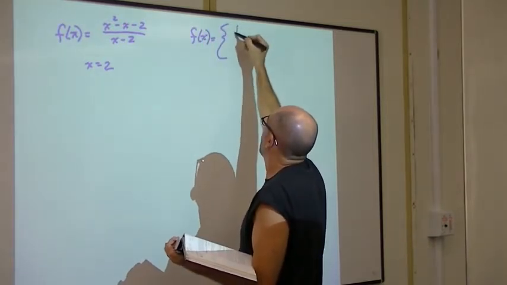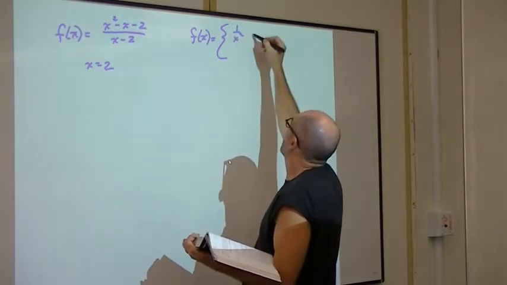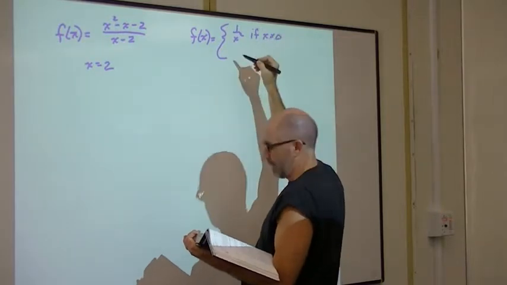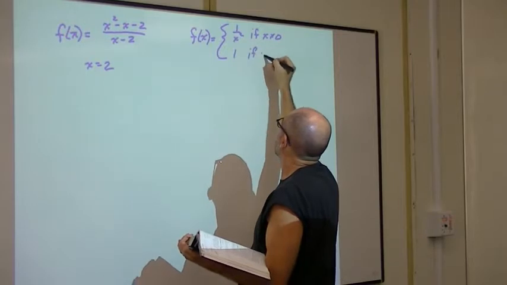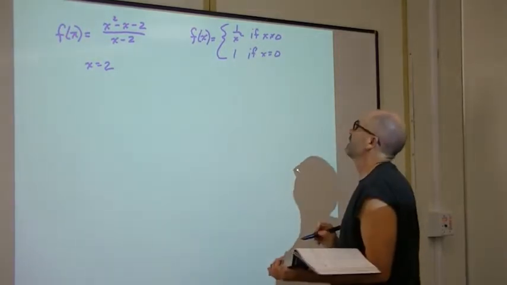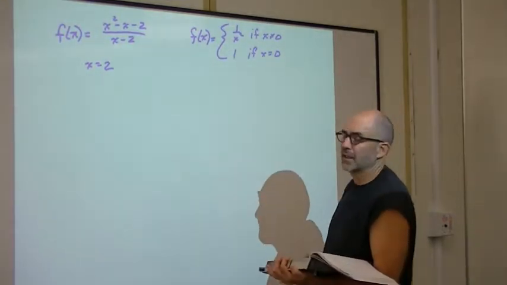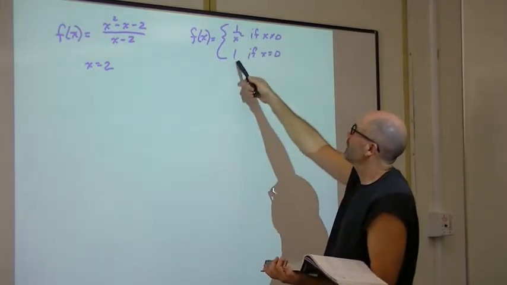Okay, now, example B, f of x equals 1 over x squared if x does not equal 0, or it equals 1 if x equals 0. Okay, now where is this discontinuous? Well, notice we don't have the same problem as we had over there. At x equals 0, this is perfectly well defined.